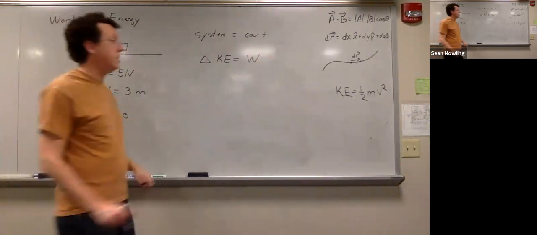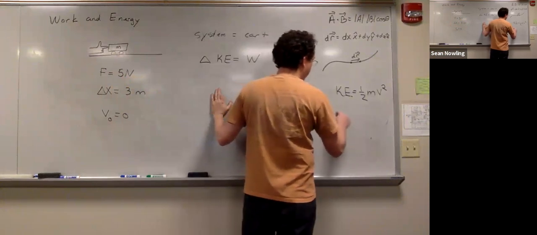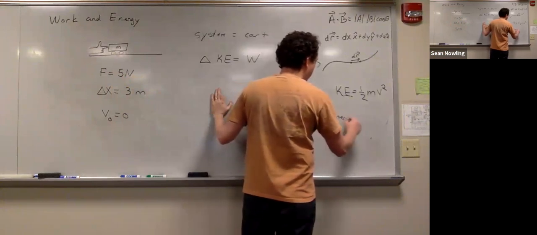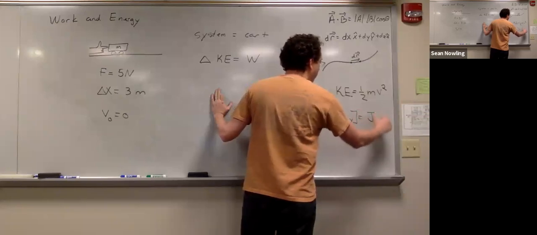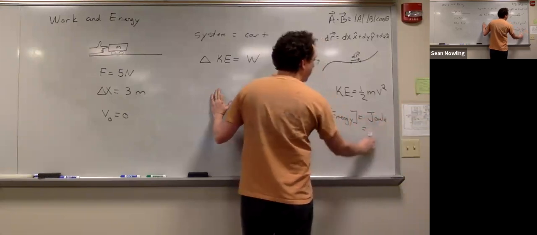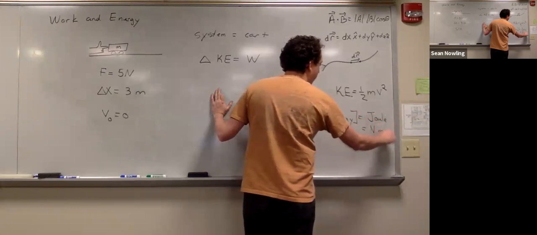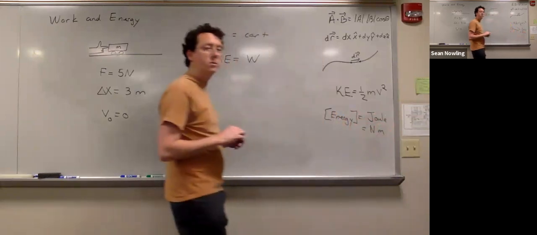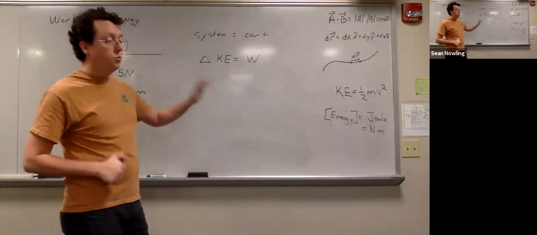Incidentally, it just occurred to me, the unit of energy is called a joule. Turns out, when you write it in metric units, it's the same as a Newton times a meter. So just so you know, I should have said that earlier. A Newton meter is the same as a joule.